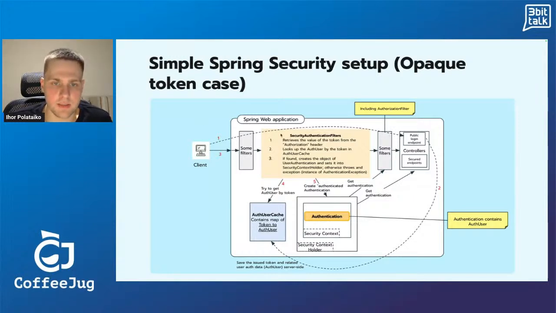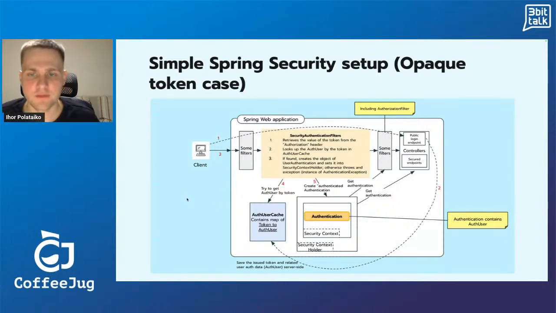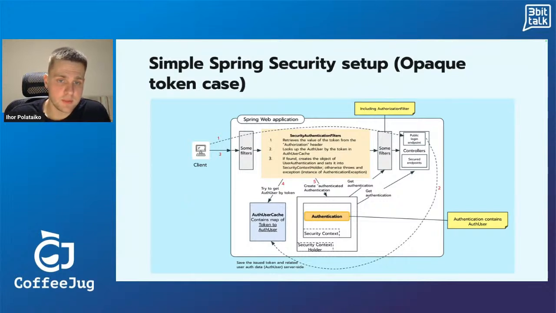We're also defining a security authentication filter, and now it's the first part of the Spring Security setup. The job of this filter will be to retrieve the value of the authorization header, to look up if the auth user is present in the cache, and it can be either internal cache or some centralized cache, Dynamo or DynamoDB, something like that, whatever you want to use. The implementation details don't matter that much here, but it should check if this auth user is present by the token.